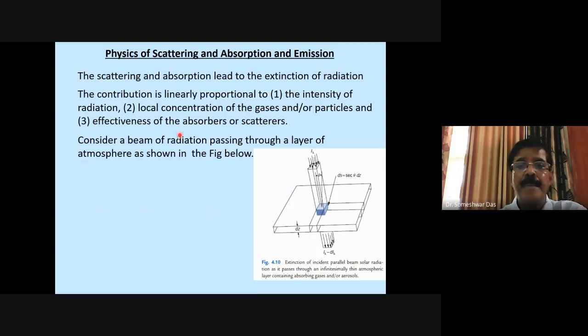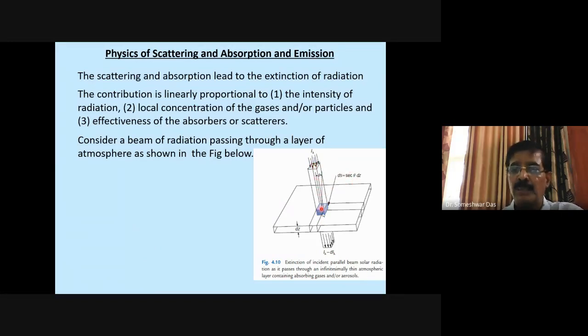Now let's consider a beam of radiation passing through a layer of atmosphere as shown in this figure. The radiation beam is passing through this layer of the atmosphere. Before passing through the layer, the beam has an intensity I lambda, and it is incident upon this atmospheric layer, whose area is ds, given by sec theta d theta.